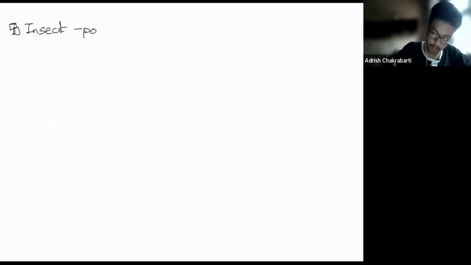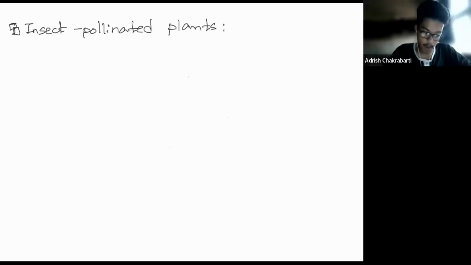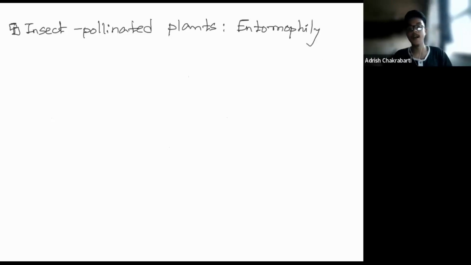Insect pollinated plants, the phenomenon, as I already mentioned, is entomophily. I have already given you two examples, like the pollination by honeybees and pollination by ants. Now if I come to the characteristics of insect pollinated plants, they are already given in the NCERT.